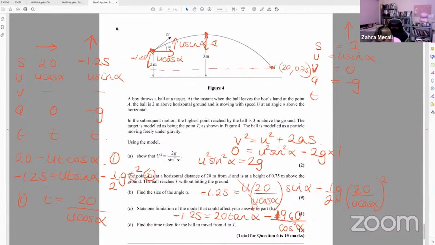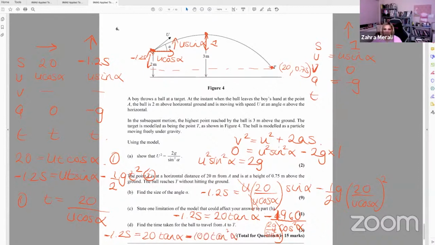So our U squared is the same as 2G over sine squared alpha. Cos squared over sine squared is cot, but because it's 1 over, I can flip it and get tan. So I get minus 1.25 equals 20 tan alpha minus 100 tan squared alpha.